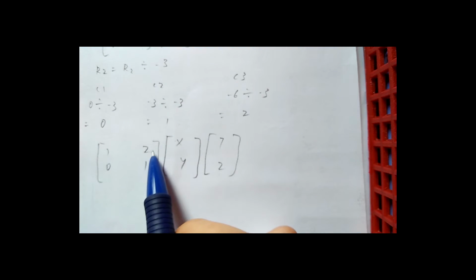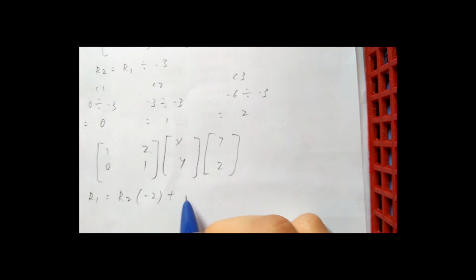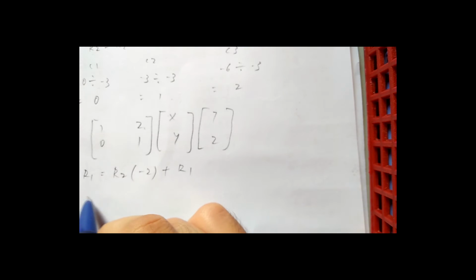After this, we have to convert this to 0. The formula is R1 equals R2 times negative 2 plus R1. Column 1: 0 times negative 2 plus 1 equals 1. Column 2: 1 times negative 2 plus 2 is 0.